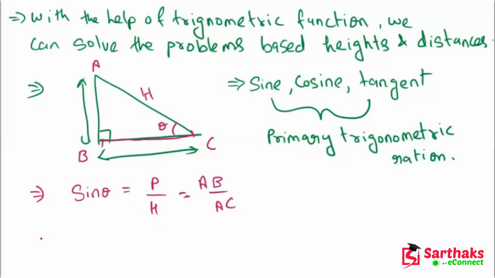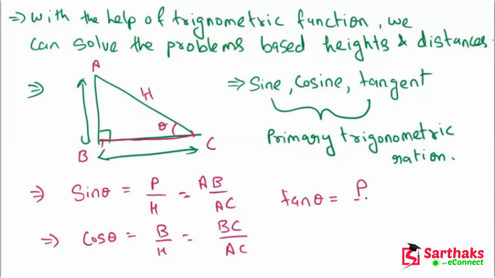If you talk about cos theta, it is base upon hypotenuse. The base is BC and the hypotenuse is the same, AC. And tan theta is perpendicular upon base. The perpendicular is AB, and the base is BC.